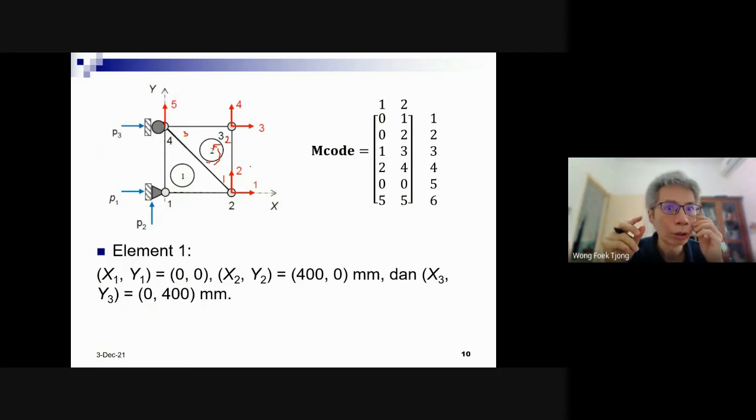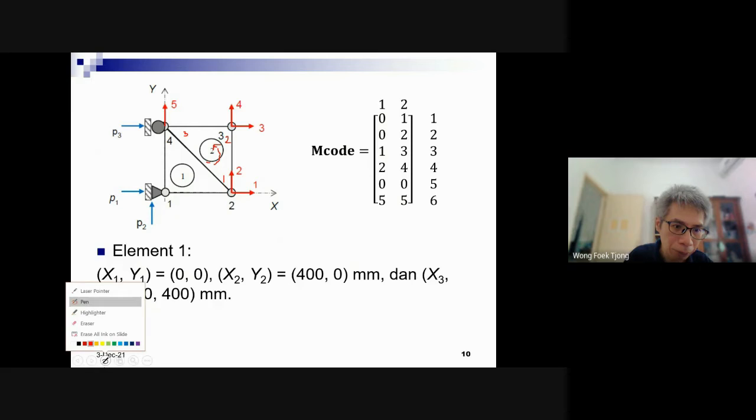If you give local numbering clockwise, it will be in error when computing the area, a negative area rather, because we compute the area using the formula derived from this convention. So for element number 2, 1, 2, 3, 4, and 0 and 5. Is it clear?